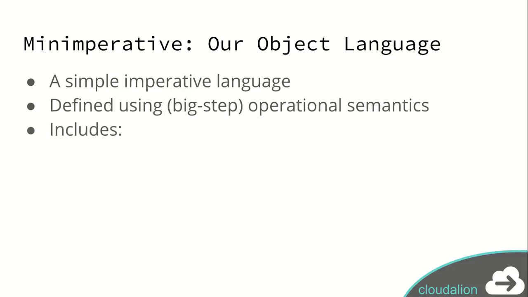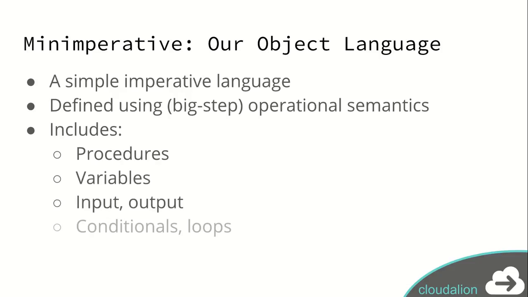Min Imperative includes all the things you would imagine in an imperative language, like procedures, variables, input and output, conditionals and loops, and something called a block, which is a command that has a list of other commands, and it just executes them in order.